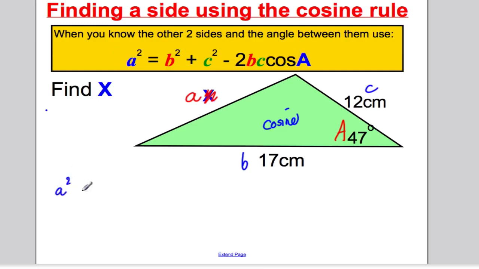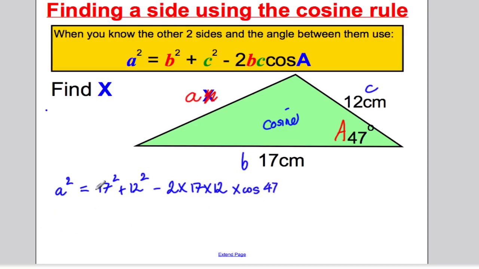So, a squared must equal b squared plus c squared, so 17 squared plus 12 squared, minus 2 times b, which is 17, times c, which is 12, and times cos of the angle 47.